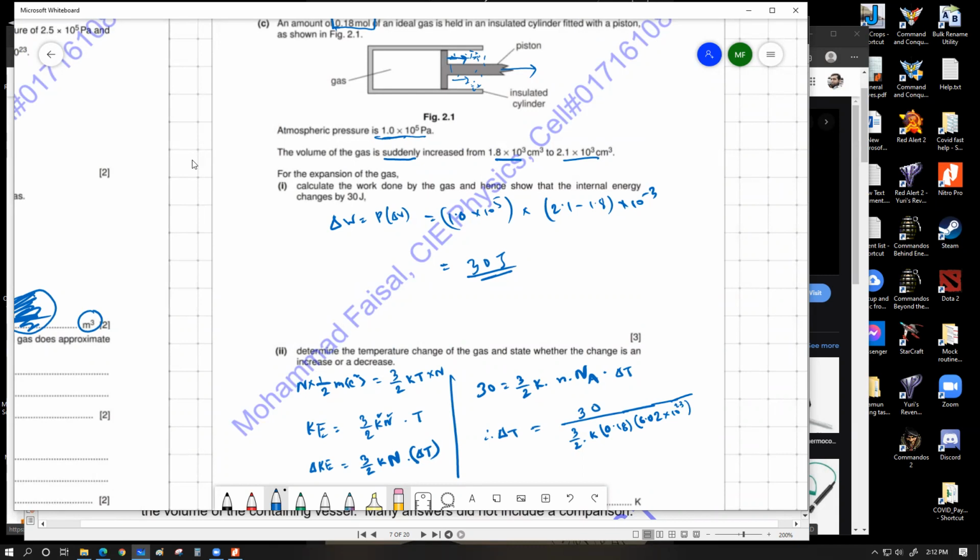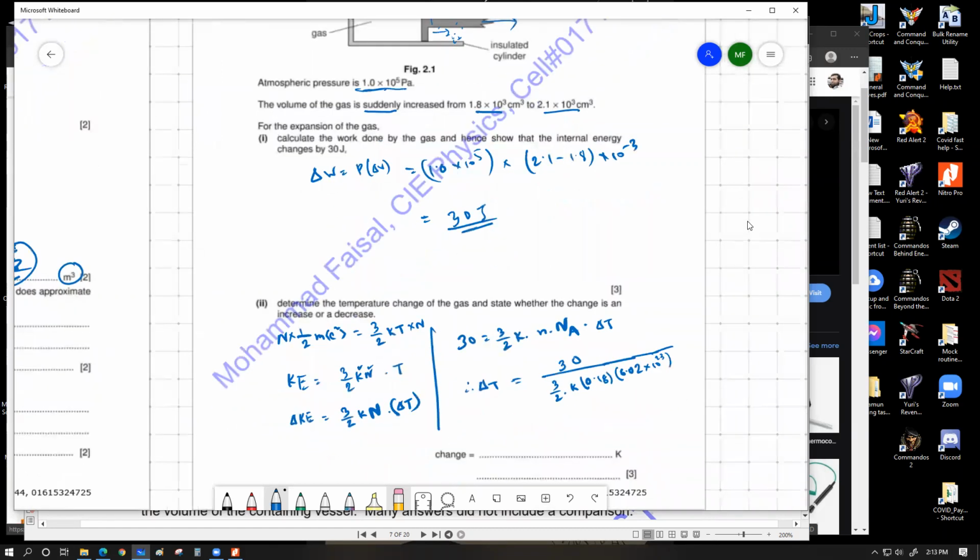The product of these two actually gives us R. So K into Na is actually R. So I could actually write N R delta T. That could also work. I don't know why I didn't do that.